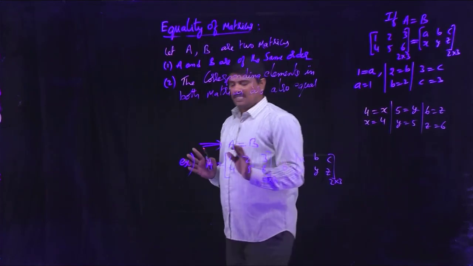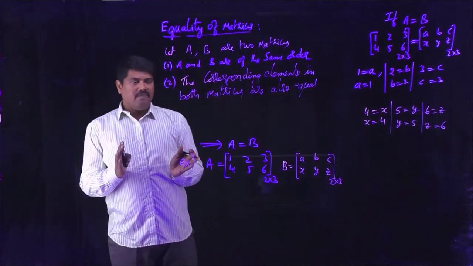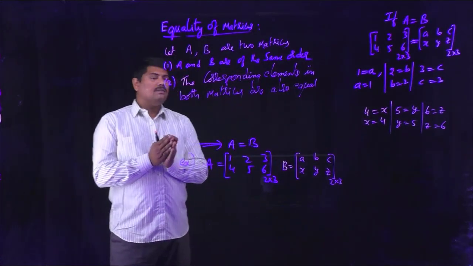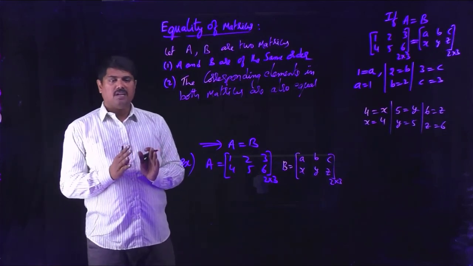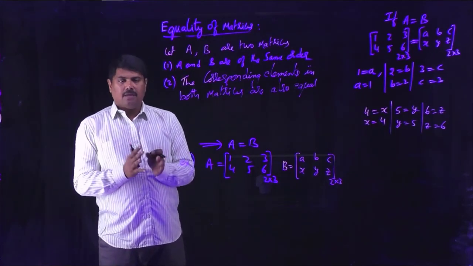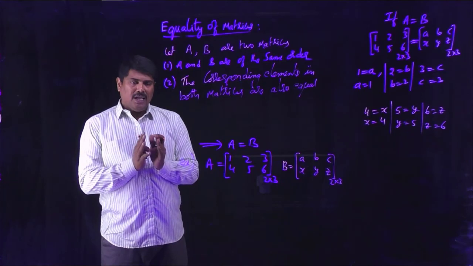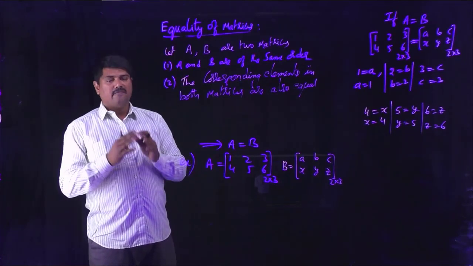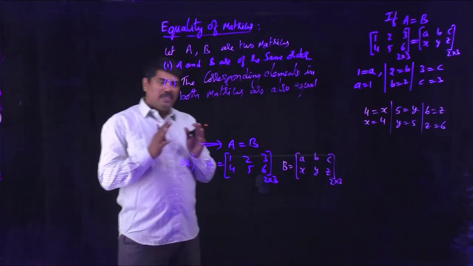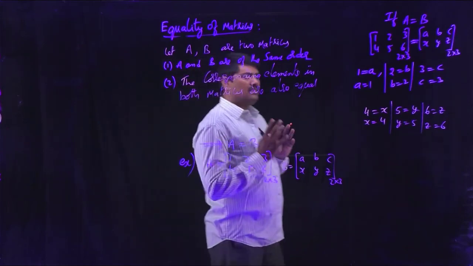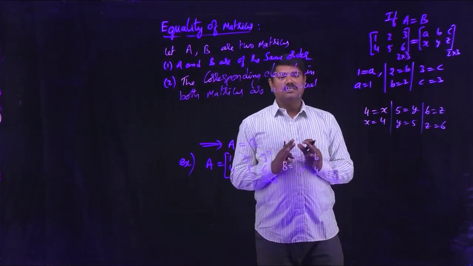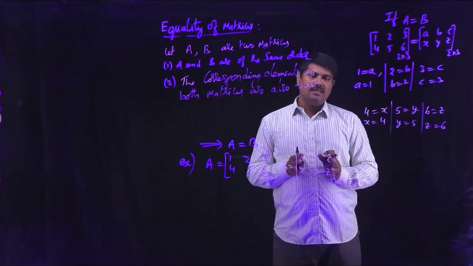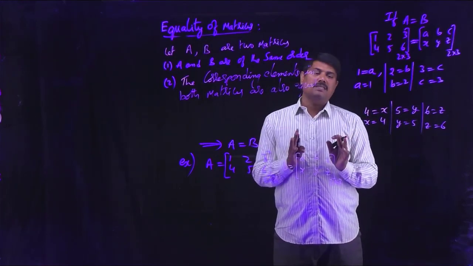So the concept is very easy. Whenever you are equating two matrices, both should have the same order, and you equate corresponding elements in both matrices. If corresponding elements are equal, then only are the two matrices called equivalent matrices. If one element is different, you can't say both matrices are equal.